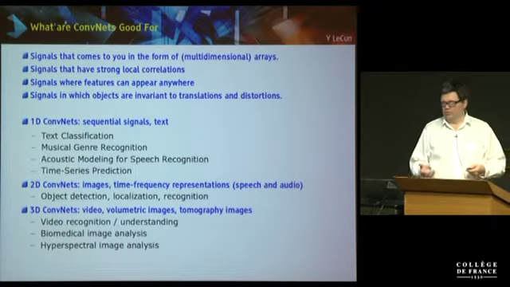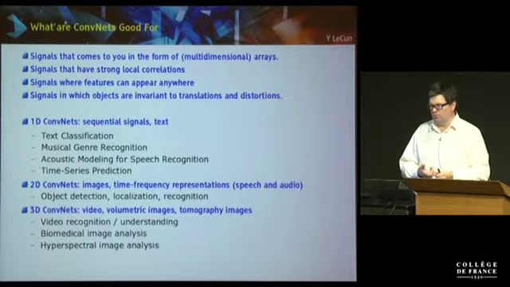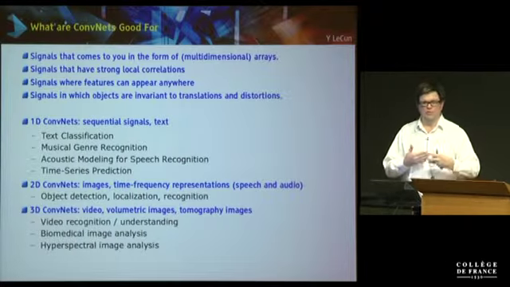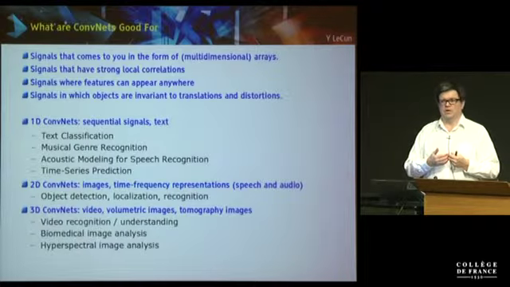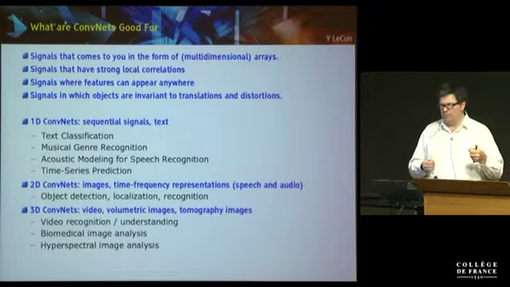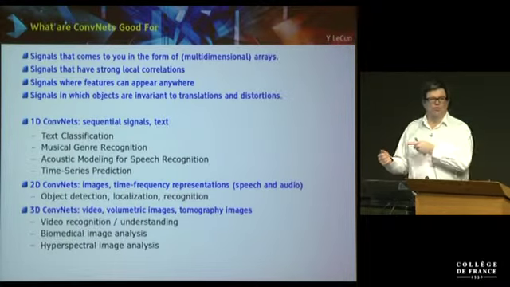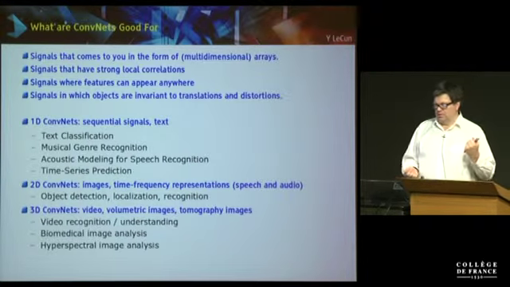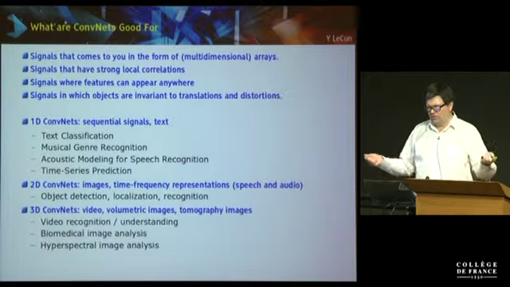Convolutional networks, what are they good for? They're good for signals that come in the form of arrays, multidimensional or single-dimensional arrays, as a temporal signal, a sequence including text, voice, and so on. An image, a bidimensional table, or a time frequency representation for time series, for example, for audio.